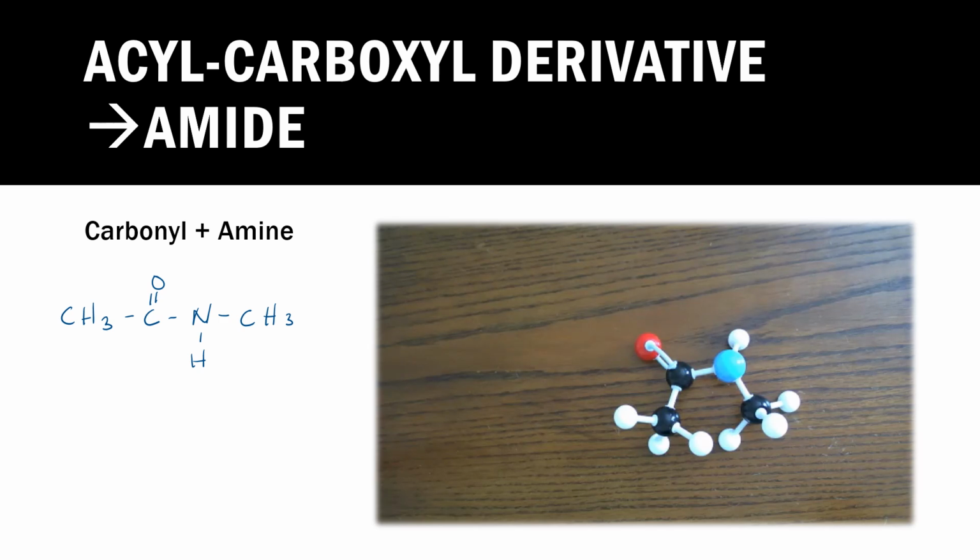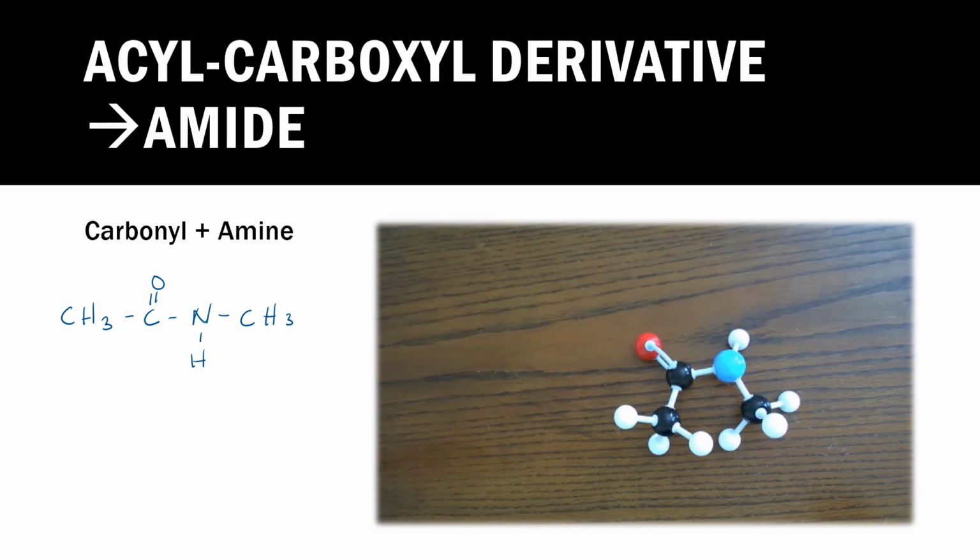All right, and lastly, we have our last carboxyl derivative, and this is our amide. So our acyl carboxyl derivative, our amide. And here we have a carbonyl plus an amine. That gives us our amide.